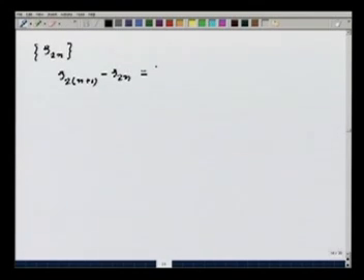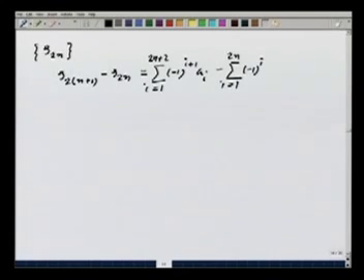This is summation i from 1 to 2n+2 of minus 1 to the power i plus 1 a_i, minus summation i from 1 to 2n of minus 1 to the power i plus 1 a_i. Once I write this, many terms cancel except the last two terms.